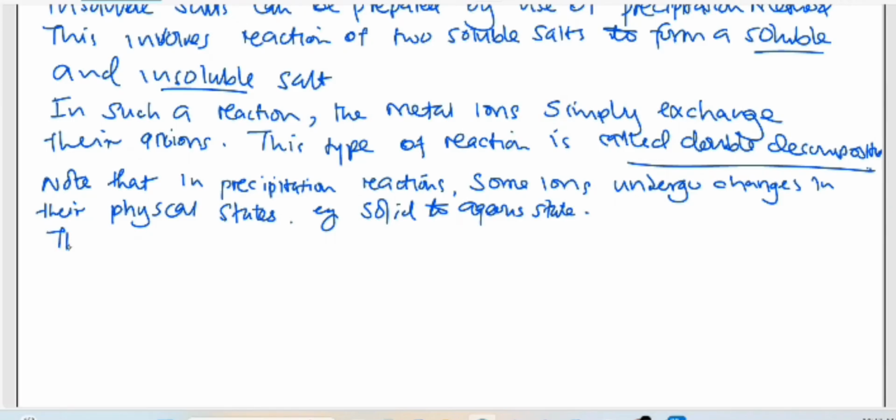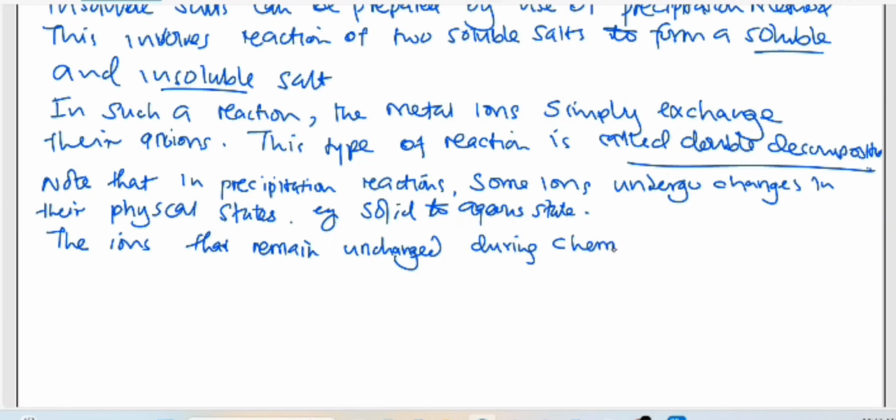So the ions that remain unchanged during a chemical reaction are called spectators.